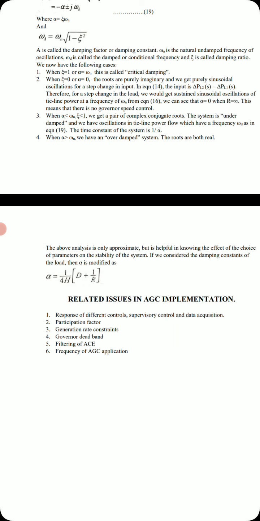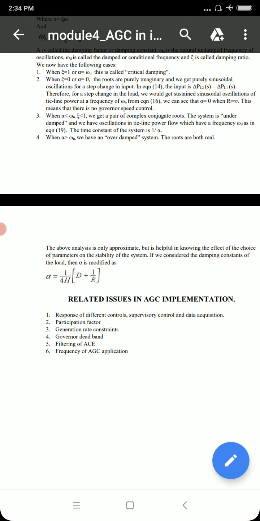Fifth, the filtering of ACE, and sixth, the frequency AGC application. So these are the related issues in the AGC implementation. Anyhow, I am sending the notes on this one, you can see. Now we will go for the problems. By the problems we can finish the first half of the fourth module.